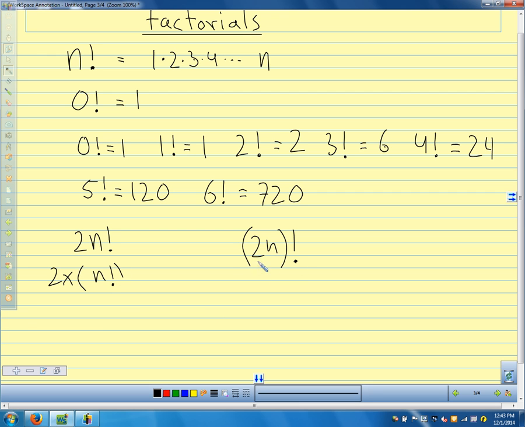What is this one telling us to do? The factorial of 2n, which equals 1 times 2 times 3 times dot dot dot all the way up to 2n. So when you're working on the problems, make sure you notice where the parentheses are and how these two are different.